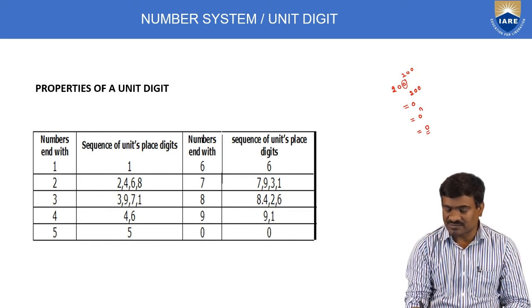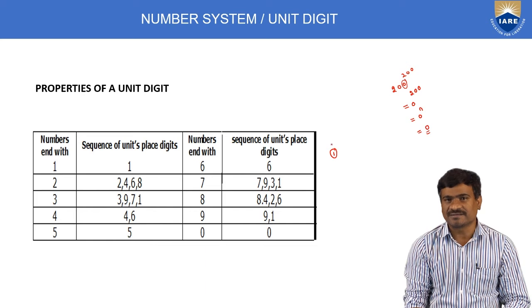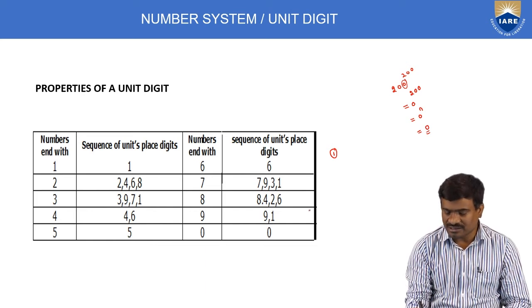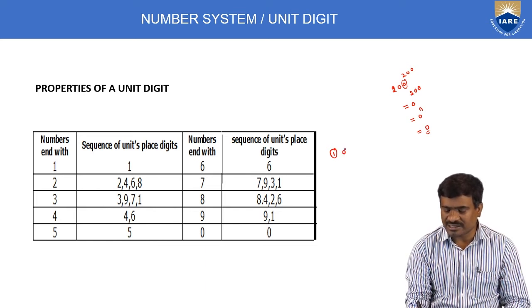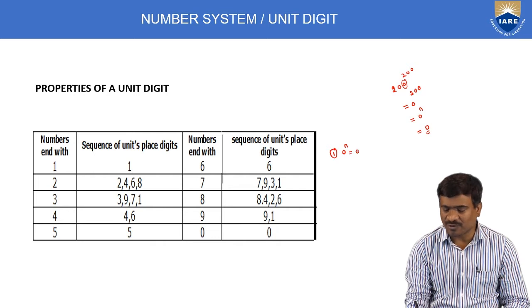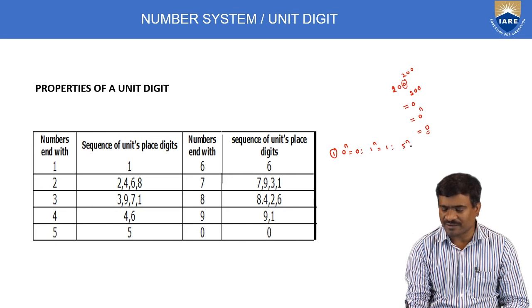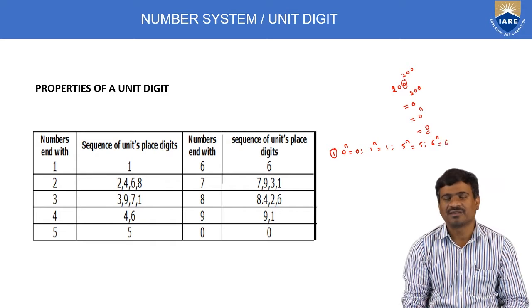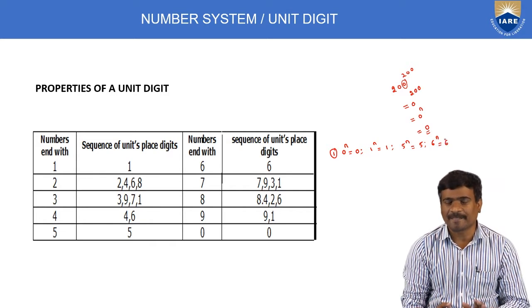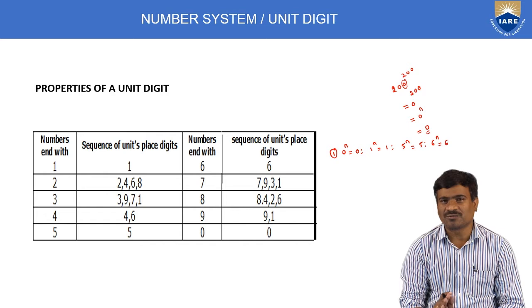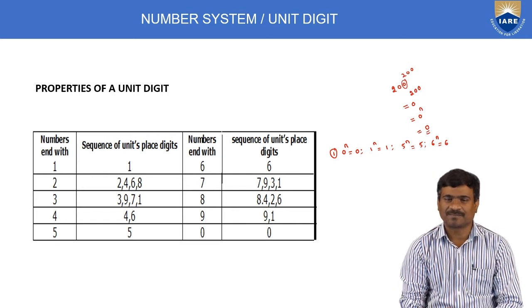Only 3 cases exist. Case 1: 0 to the power n is equal to 0, 1 to the power n is equal to 1, 5 to the power n is equal to 5, 6 to the power n is equal to 6. Case 1 property: 0, 1, 5, 6.